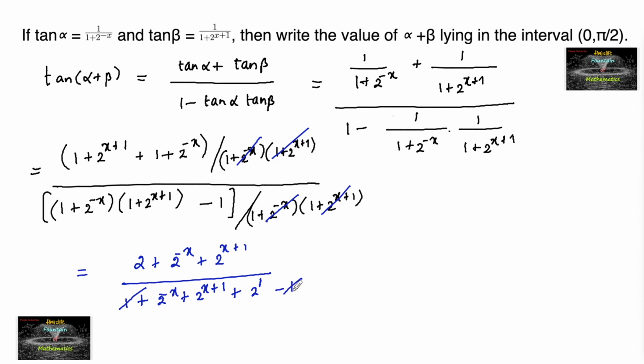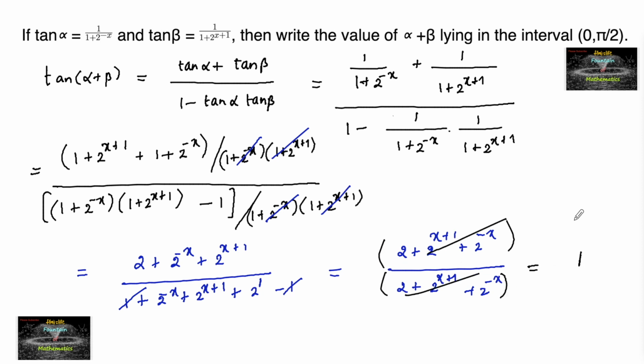So we can cancel this, and we observe that both numerator and denominator are the same, 2 plus 2 to the power of x plus 1 plus 2 to the power of minus x. So we can cancel both.